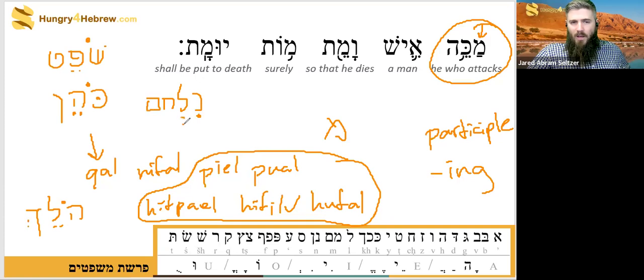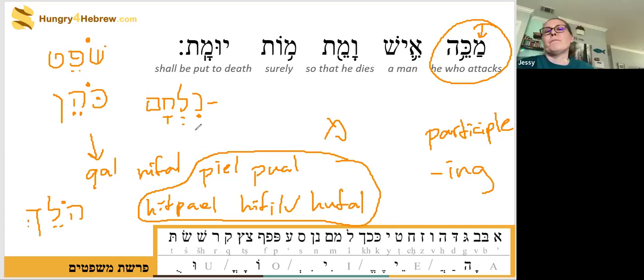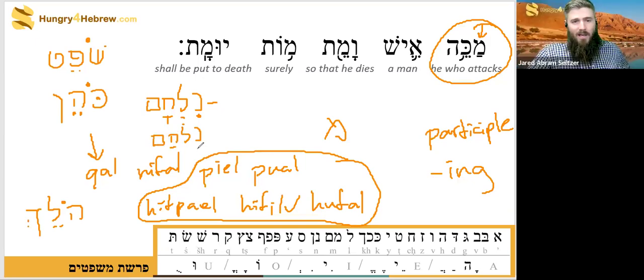And then in Nephal, we're going to have nun at the front, chirik, shva, and then instead of patach, which is the katal form, we're going to get a kamatz instead. So nilcham is the participle, one who is battling, whereas the katal form, nilcham, which sounds the same but has a patach, means he battled, he fought.